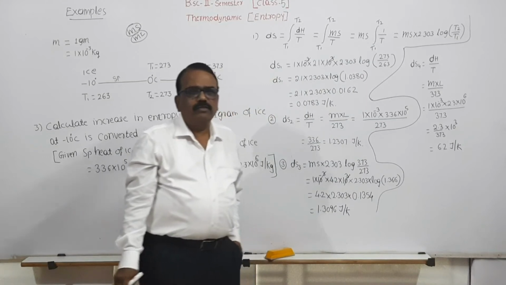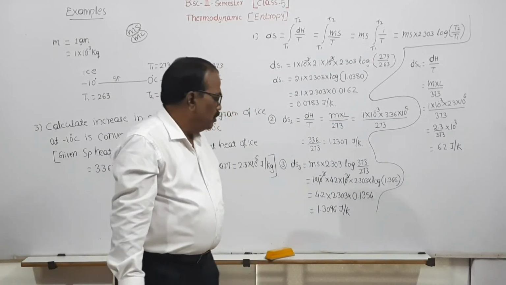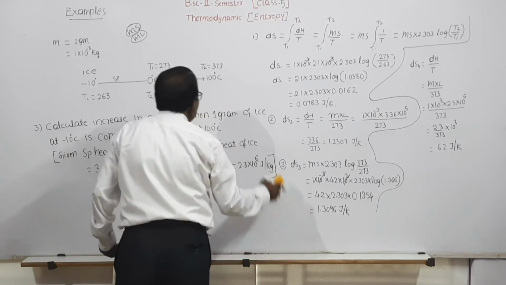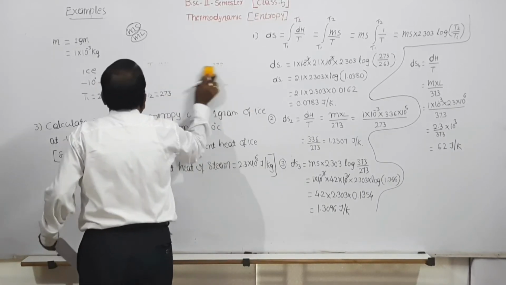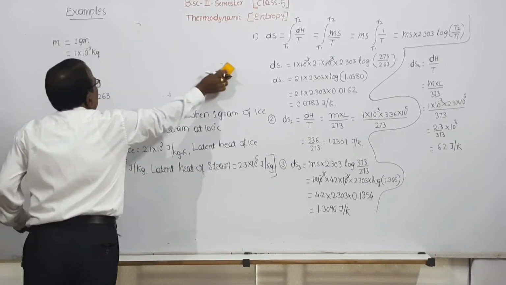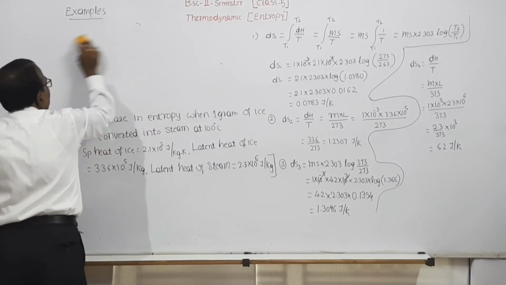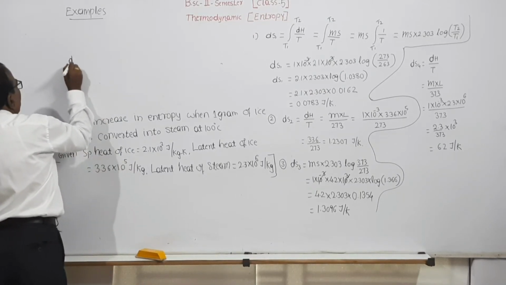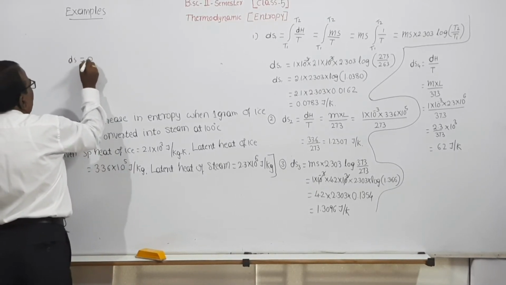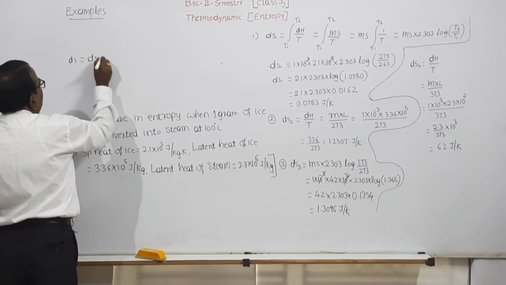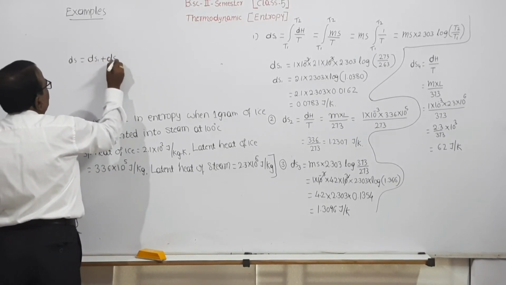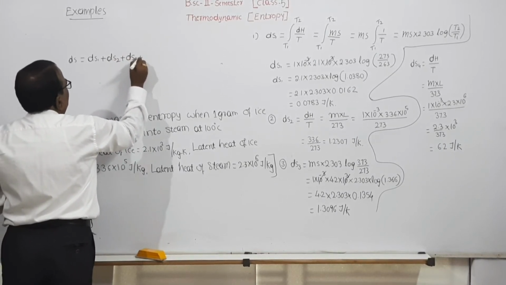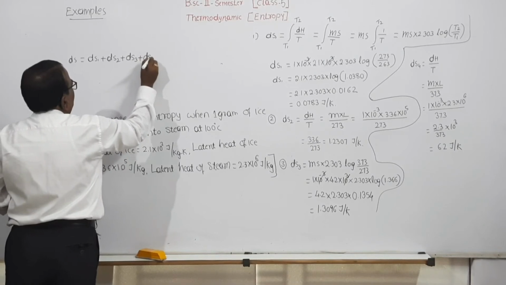Then the total change in the entropy is the sum of all these. Sum of all these means net increase in the entropy. It is dS is equal to dS1 plus dS2 plus dS3 plus dS4.